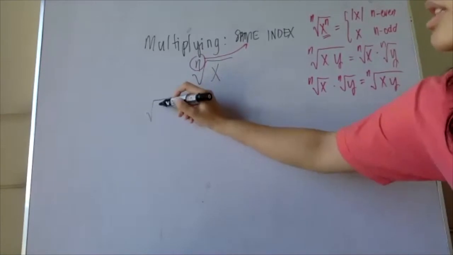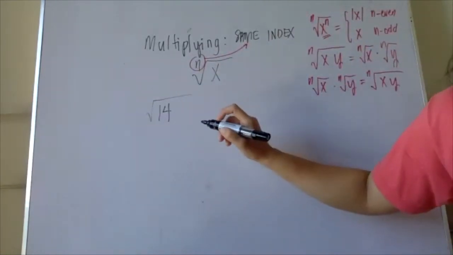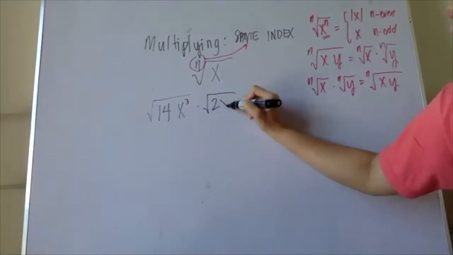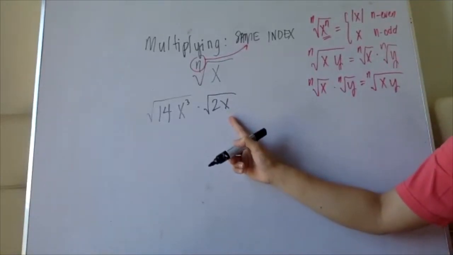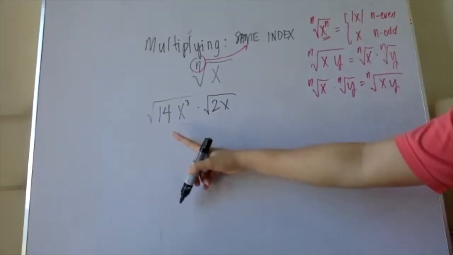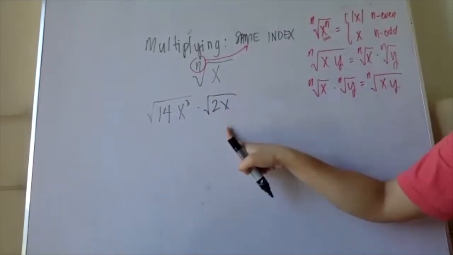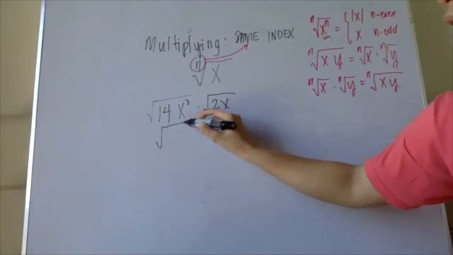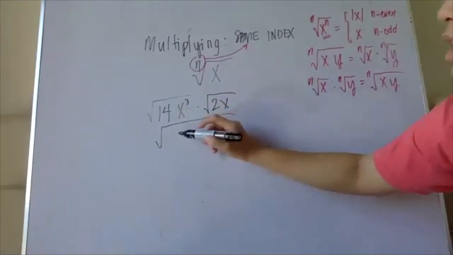How about if you have this? 14x cubed times square root of 2x. Okay? Can you still simplify this? No, you can't anymore, right? You can simplify this one, but if you do, you'll see something you can pair here. So, for this particular number, it's easier if I combine them rather than simplify first. Unlike earlier, where it was easier to simplify separately first.